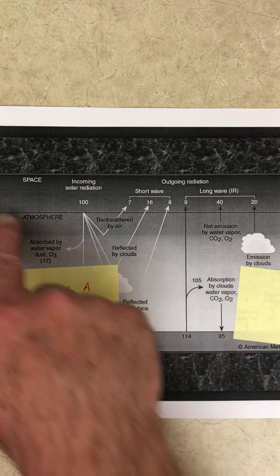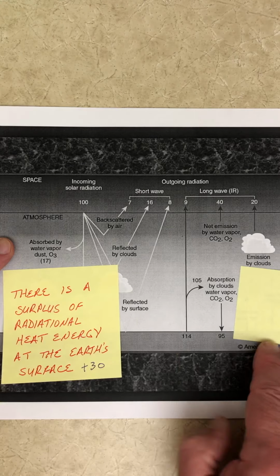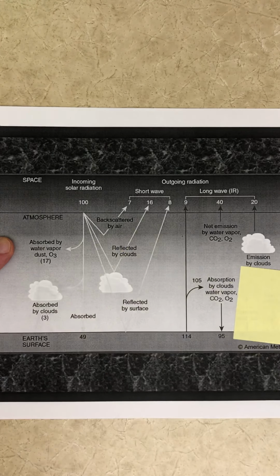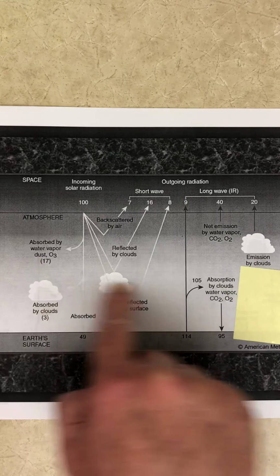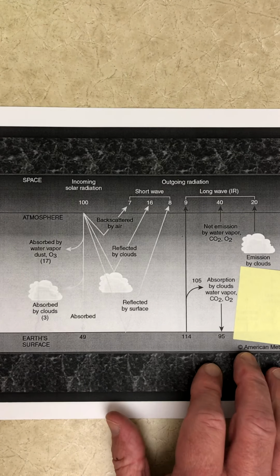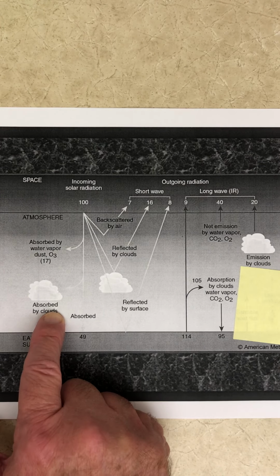So there's a balance of radiational heat energy at the top of the Earth's atmosphere. There's a surplus of radiational heat energy at the Earth's surface. But now let's look in the atmosphere itself, and there's lots of numbers here to look at. We've got absorption of incoming solar radiation.